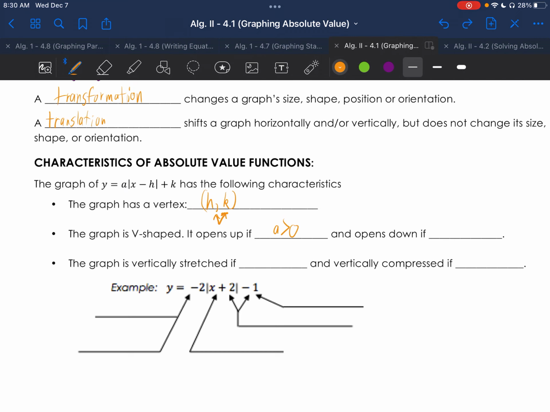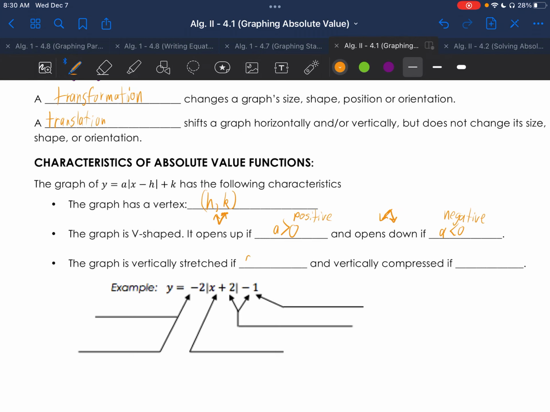So if the number in front of the absolute value of x is greater than 0, aka it's positive. And it opens down, aka it's reflected, like this, if a is less than 0, which would mean that it's a negative number. And it's the same way we knew if it was reflected before, when we were talking about Chapter 3.